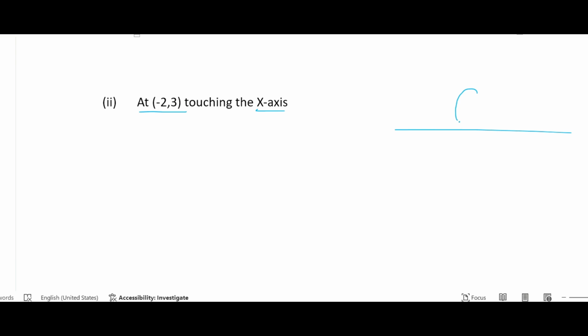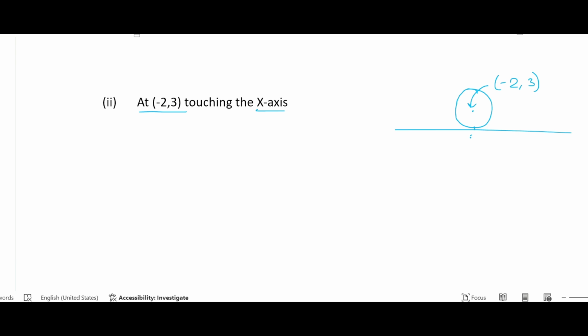So this is your center, and this is your circle. The center is over here, right? The center is minus 2, 3. Since it is touching the x-axis, that means the y coordinate is constant over here. The y coordinate of this center and the point at which it is touching is the same. That is 3.